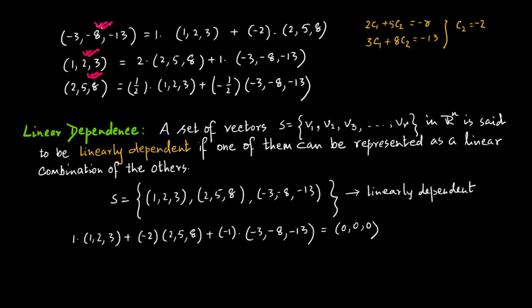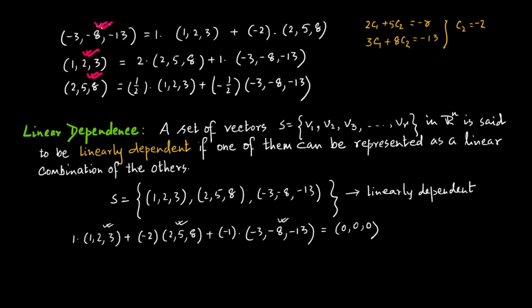That means this linear combination of these three vectors with non-zero scalar multiples yields the 0 vector.